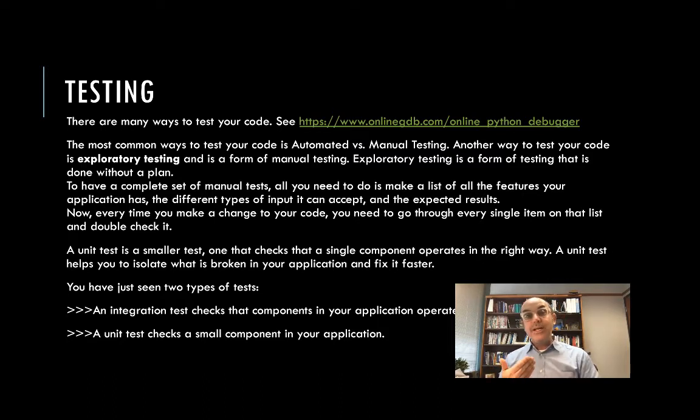You have to go through each single item of the list and double check it. One of the important things in manual testing is that a unit test is a similar test, so you will not change it every time. Because Python usually incorporates data, the definition of unit testing is that you need to isolate what is broken in your application and fix it faster, so you will have to do that.